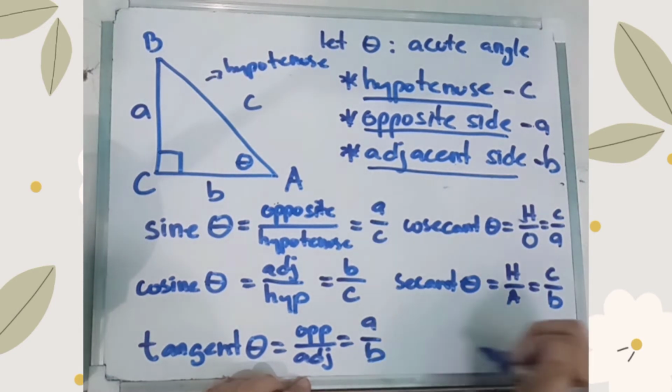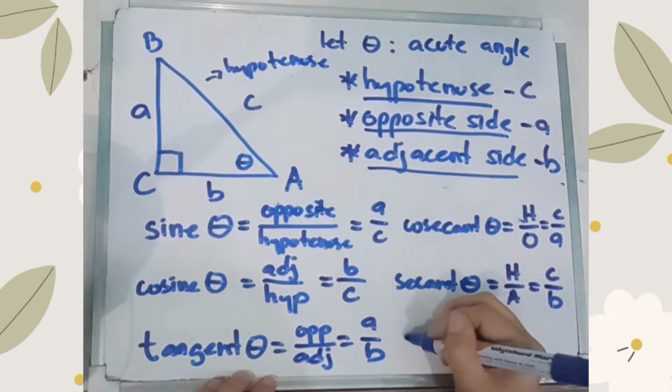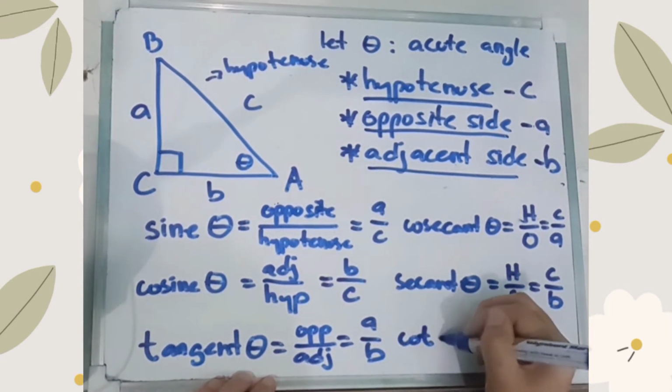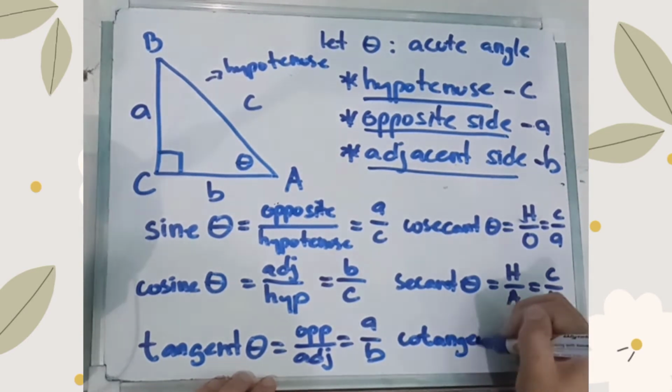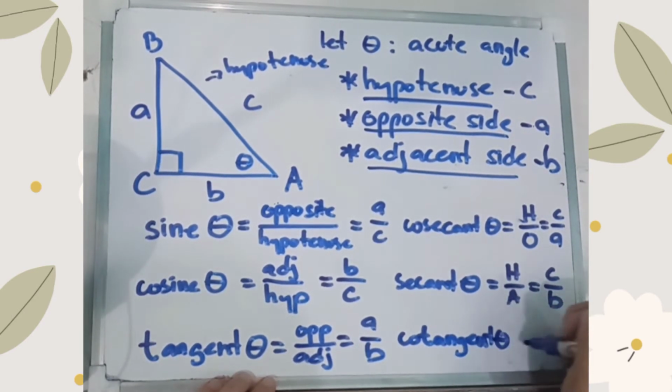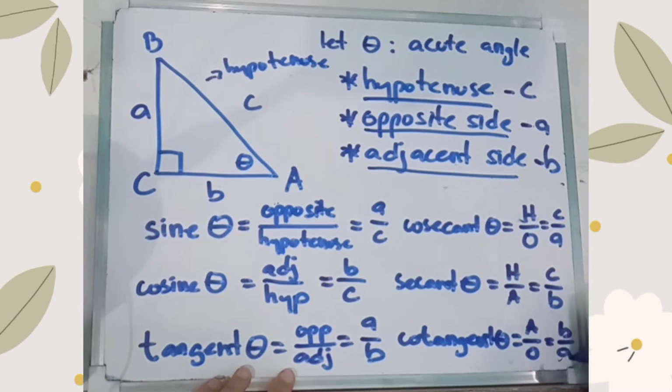And lastly, for the reciprocal of tangent, we have cotangent theta. Since tangent theta is opposite over adjacent, the reciprocal is adjacent over opposite, or in terms of sides, that's b over a.